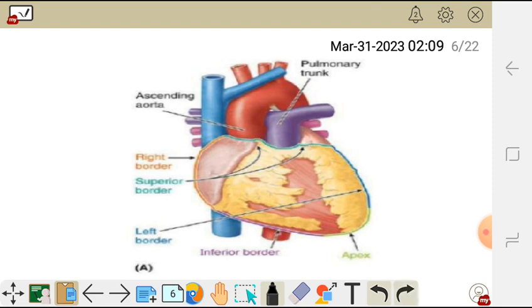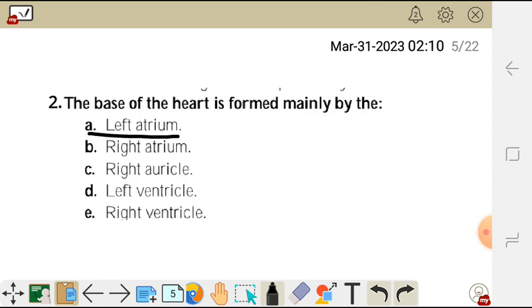So the base is formed by the left atrium and part of the right atrium together with the vessels which are there. But mainly it is formed by the left atrium. So the base of the heart is formed mainly by the left atrium. So the correct answer is A.